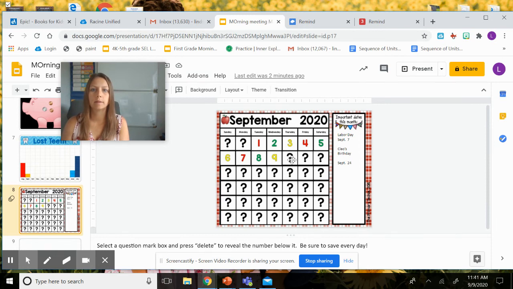All right, so we are going to add number 10 on our calendar because today is, let's trace on up. Today is Thursday, September 10th, 2020. Good job. All right, who knows what is tomorrow going to be?